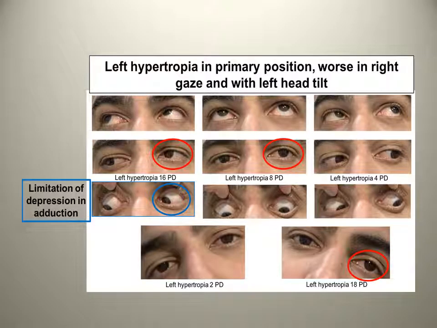This is a patient with left superior oblique palsy. As you can see in the middle row, the left eye, which has the red circle around it, is hypertropic. On looking to the contralateral gaze, the opposite right gaze, we have an increase in hypertropia. Because in this position, as you know, in adducted position, the obliques should work.